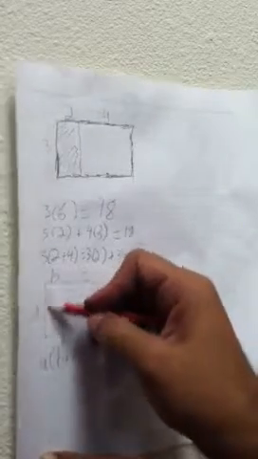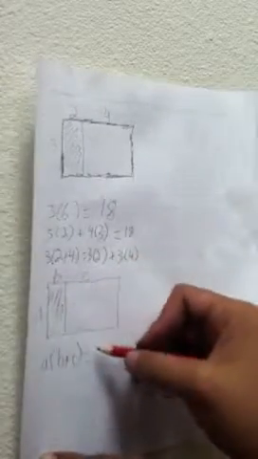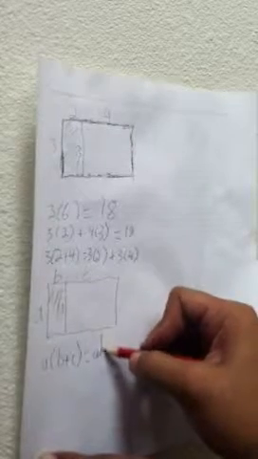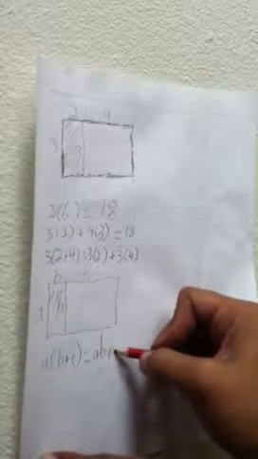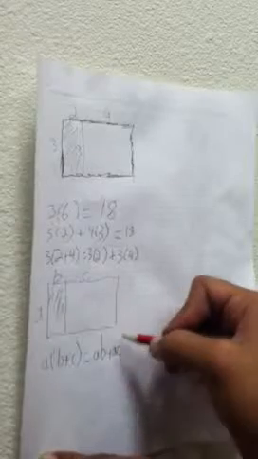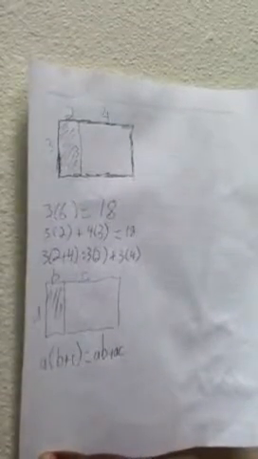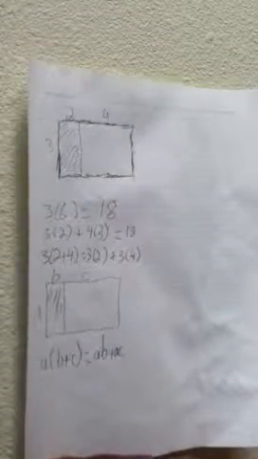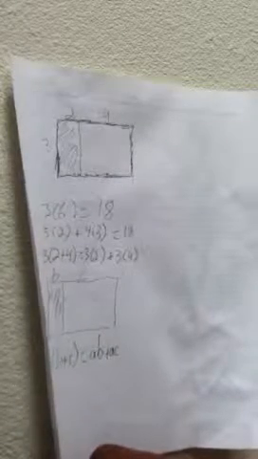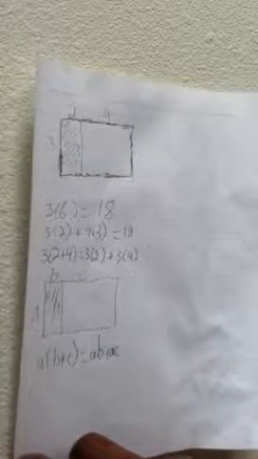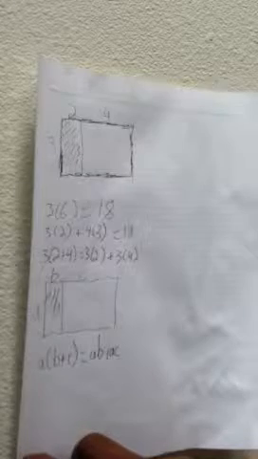Or we can just add the shaded plus this to equal the whole thing. That's AB plus AC. Okay? So hopefully that makes sense, and you can see why the distributive property actually holds true in a geometric sense. So that's pretty exciting.